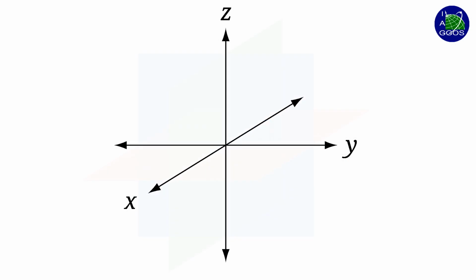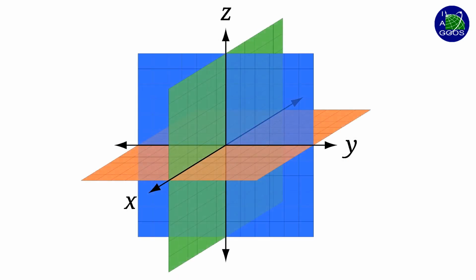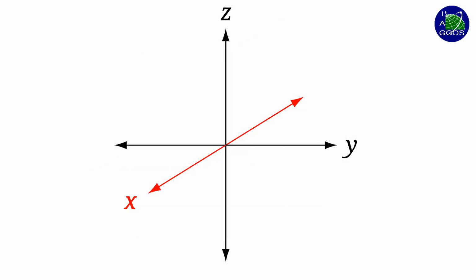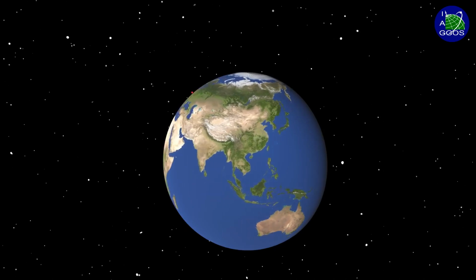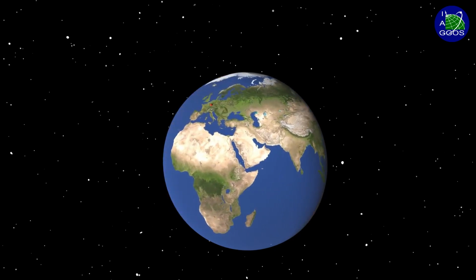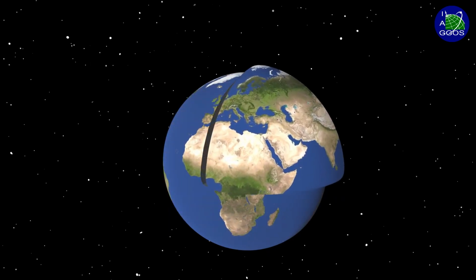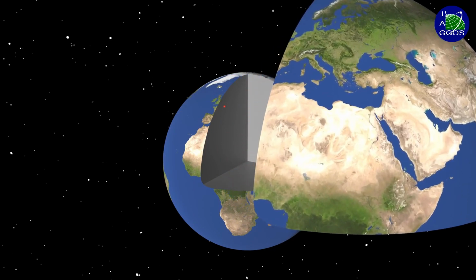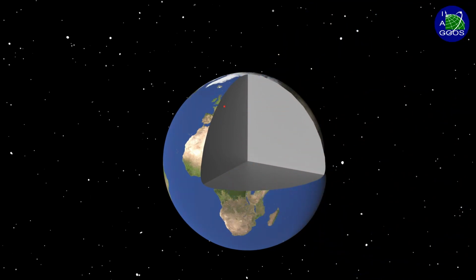Schematically, a terrestrial reference frame is a gridded mesh with 3 perpendicular axes, x, y, and z, co-moving with the Earth. The intersection of these 3 axes coincides with the center of the Earth, with x and y axes pointing to the equator, and the z-axis oriented toward the North Pole.